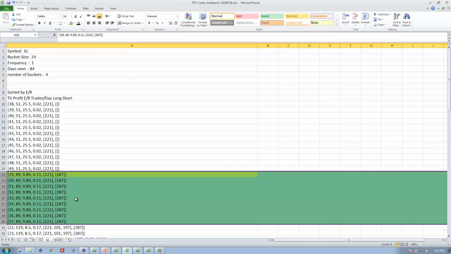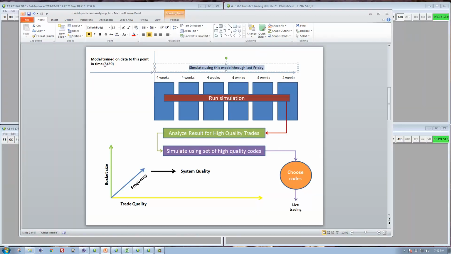About once a month or so, we retrain the model, and we shift here from the end of March to the end of April, get more data into the model to train on, and then use that to simulate. So this period of time will expand and contract as this moves forward, and this period here will expand and contract as we add weeks of simulation before we retrain the model.